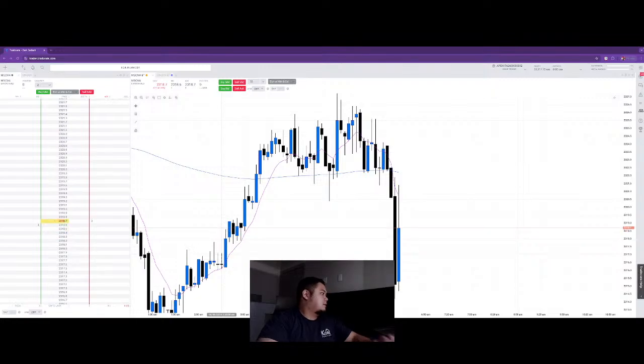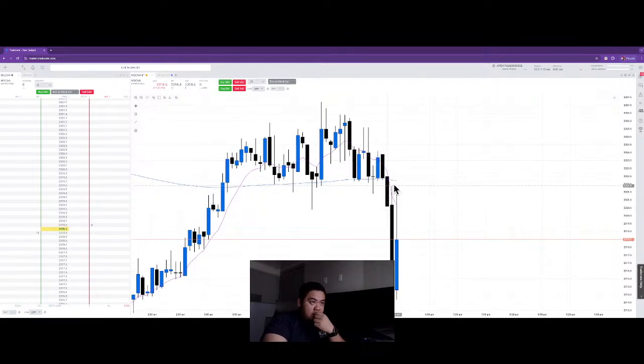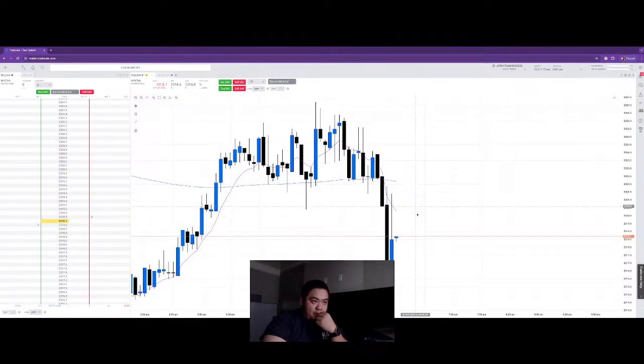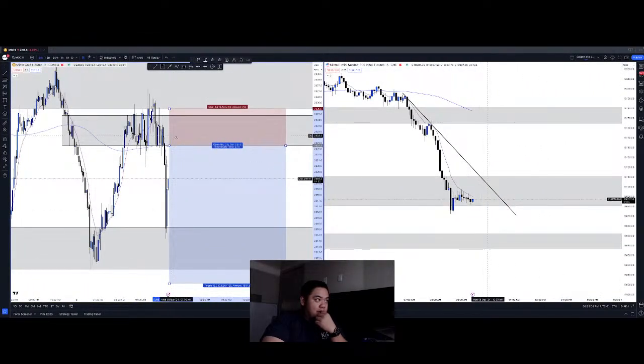Alrighty. Let's see here. We're gonna be watching this area. Somewhere around here, I'd like to see at the open price just kind of spike up into this supply zone to go short.